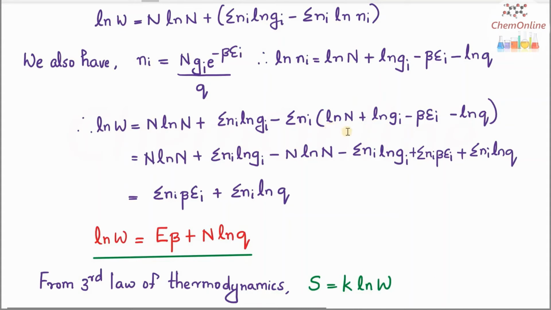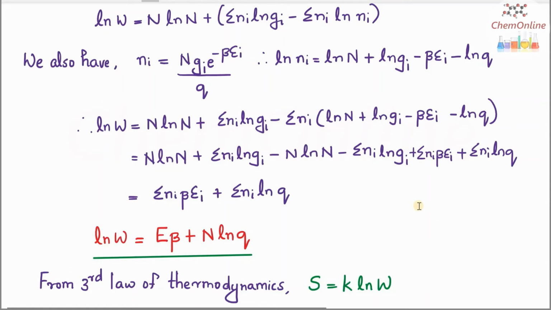So inside the bracket: log n plus log gi minus beta epsilon I minus log q. So that is n log n plus summation ni log gi minus, look, here it is summation ni log n. So which can be written as n log n minus again summation ni log gi plus summation ni beta epsilon I plus summation ni log q.